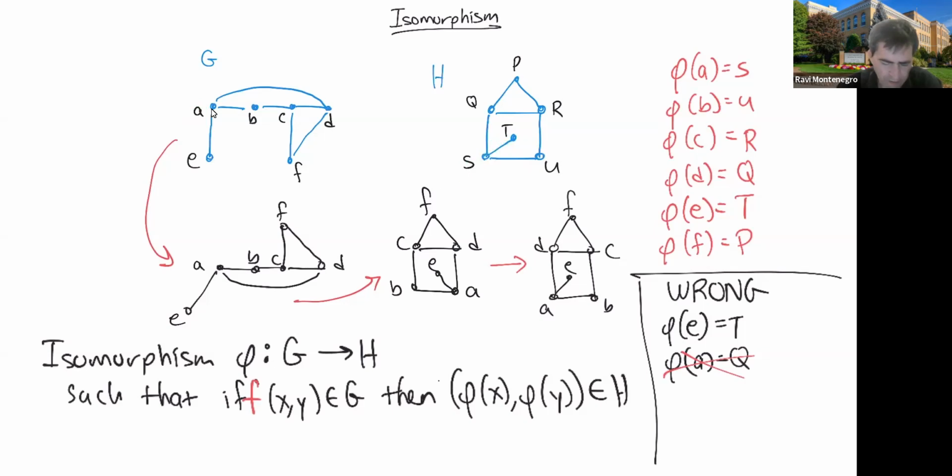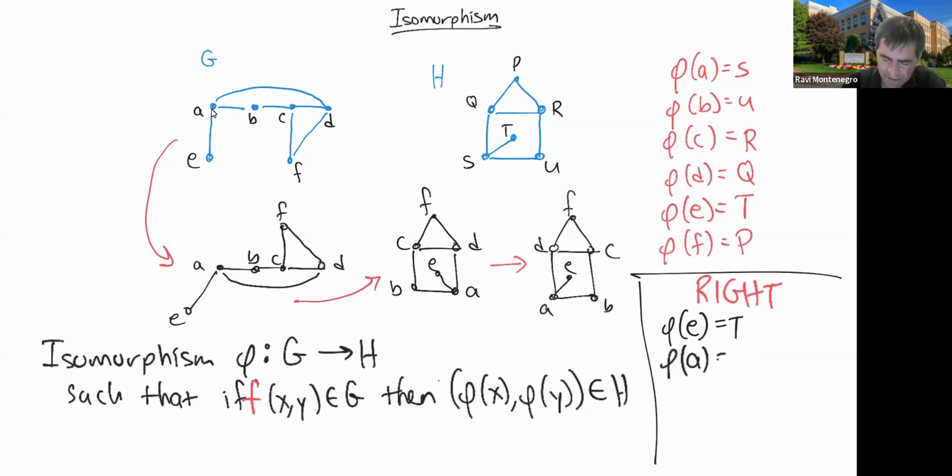So if I want to make this go from being wrong to right, then I need to get rid of the second one and fix it. So E went to T, and A is next to it.